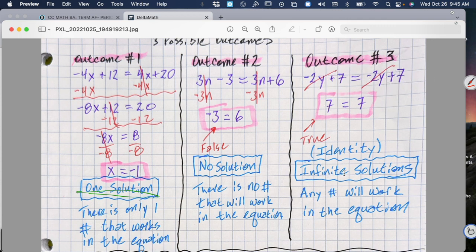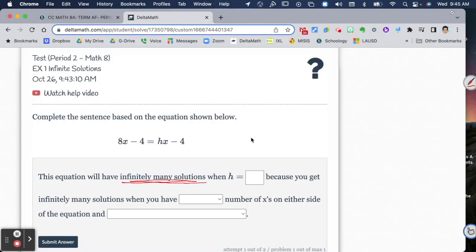For no solutions, we do want the constants to be different. So let's take that back to our example here. So we want the variables to be the same and the constants to be the same. So what number should I replace h with? Take a look. I could replace h with any number, but what number is going to give us 8? We want 8 here.